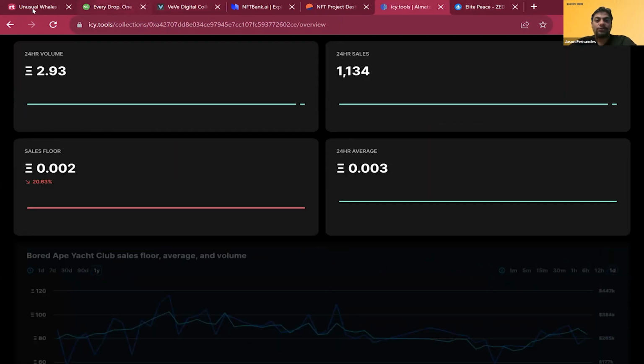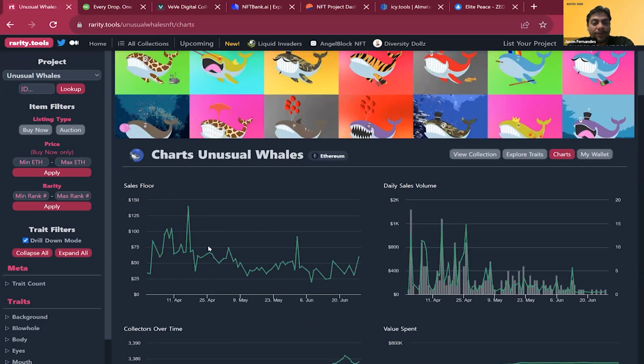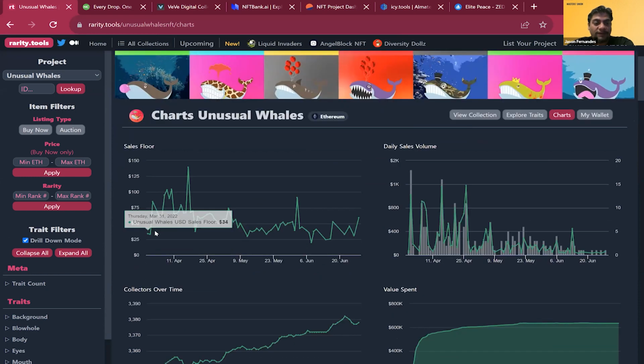Now let's go back to Unusual Whales, right? So you can see over time how Unusual Whales evolved. They start off at a floor price over here, which is approximately $34. They jumped up to $85, 59, 103, 105. And then on this day, Sunday, April 17th, it was $139.